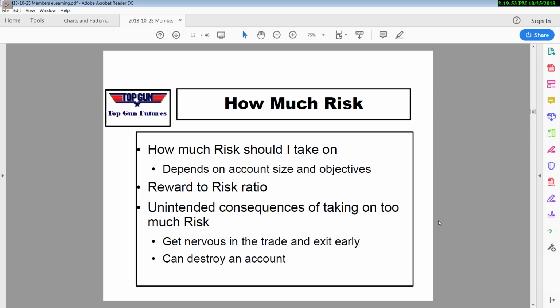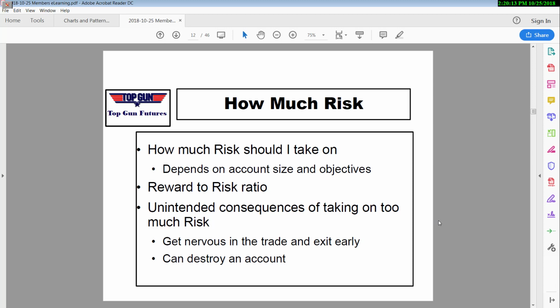All right. Reward to risk. It's important that there be a reward, and that reward has to be larger than the risk. That's the best kind of trade. Having them equal to one another, you don't have an edge.